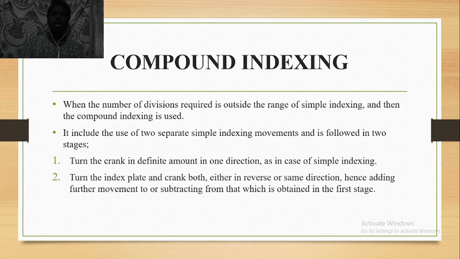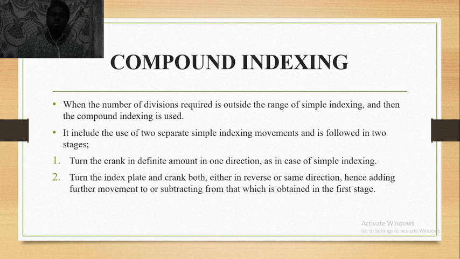So let's move on to compound indexing. Compound indexing is used when the number of divisions required is outside the range of simple indexing. In simple indexing, we only rotate the index crank, not the index plate.